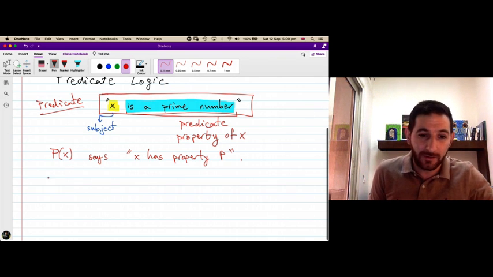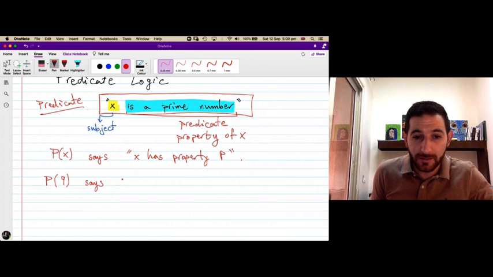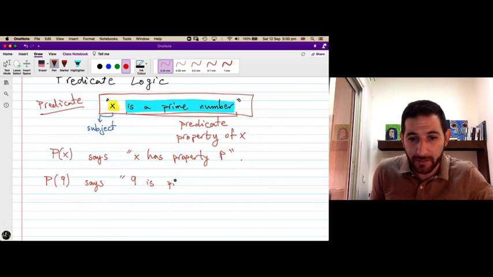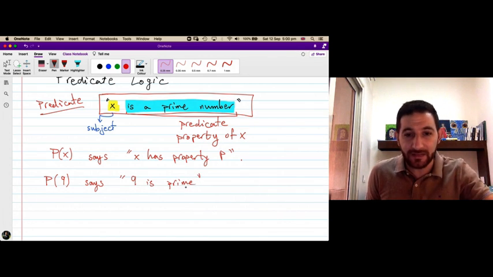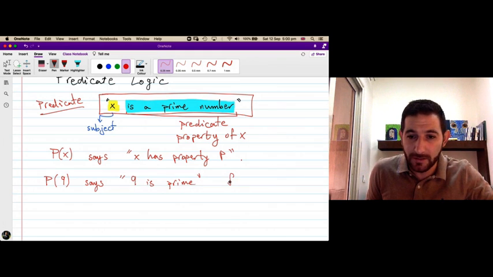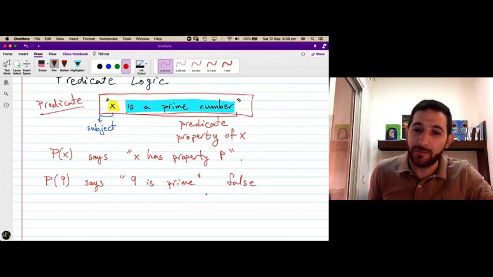For example, P(9) becomes the proposition "9 has property P," which here means 9 is prime. Clearly this is a proposition: a declarative statement which is false, because 9 is not prime.